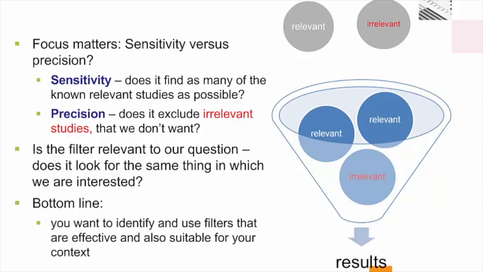What's our perspective on what we want to achieve? And the bottom line of our assessment is that we want to identify and use filters that are both effective, i.e. find the studies that you're interested in, and also suitable for your context, which is the resources you have available to process the records.